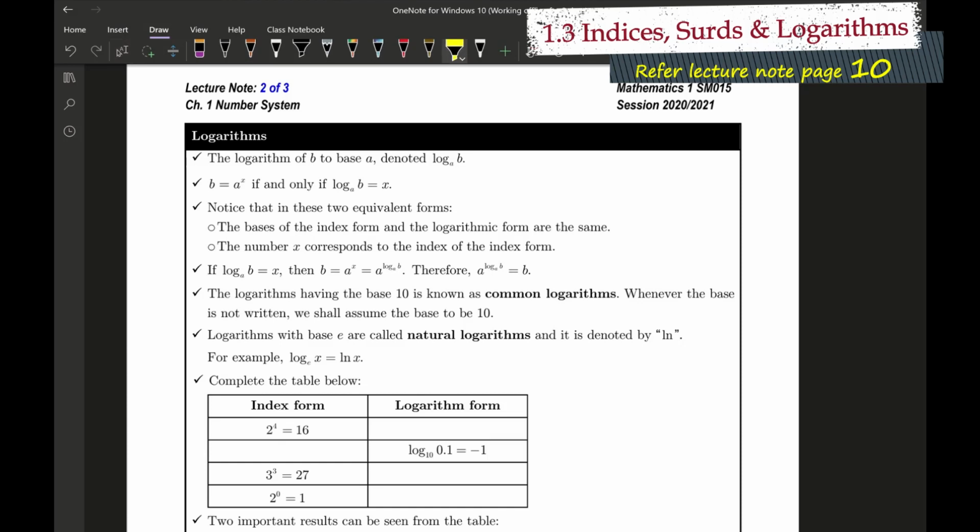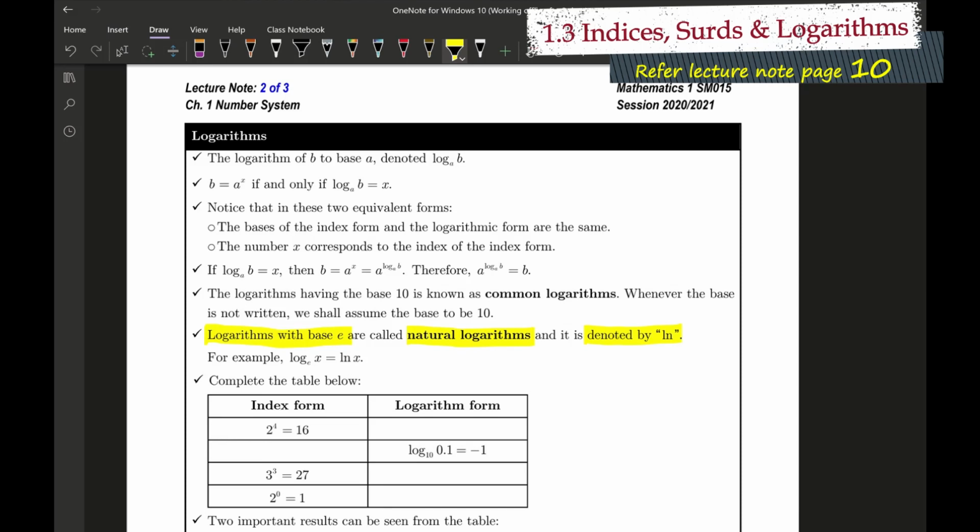Okay, I want to emphasize this thing. Log with base e are called natural logarithms and it is denoted by ln. Okay, this is very important because you are going to see this often in calculator.